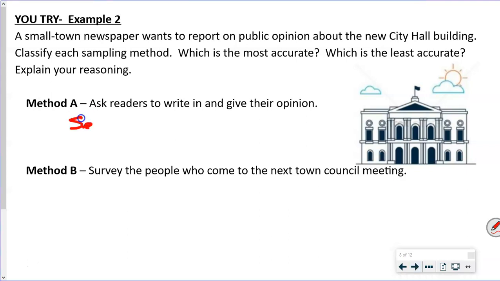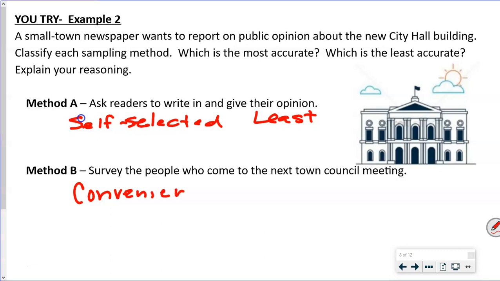So this one's self-selected. And it would definitely be the least accurate, okay, of the two methods. And then survey the people who come to the next town meeting. That's going to be convenience. And this one would be more accurate than self-selected, okay?